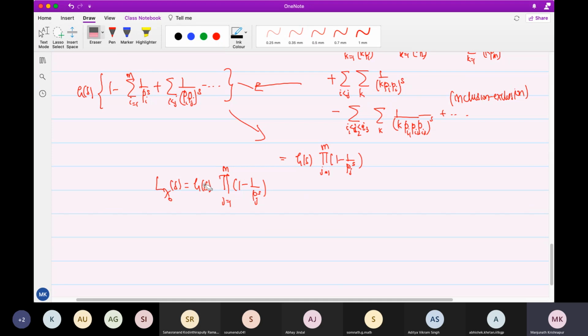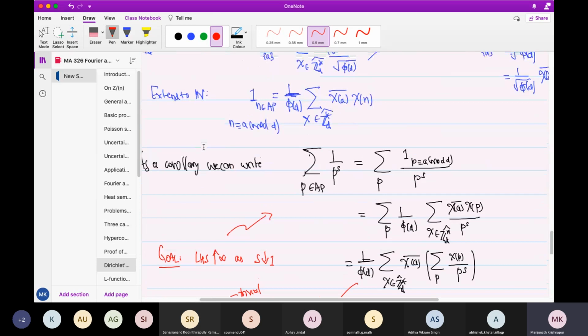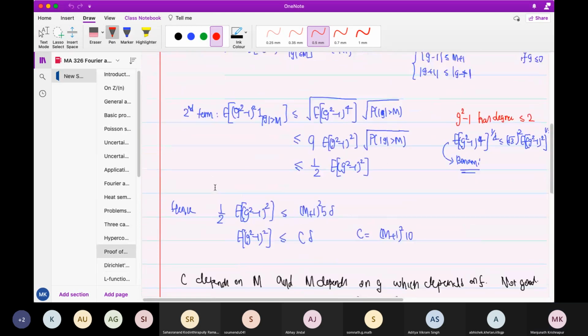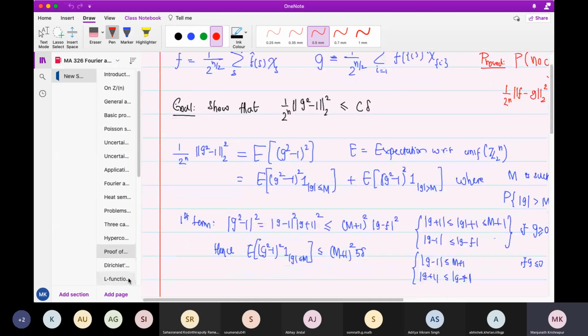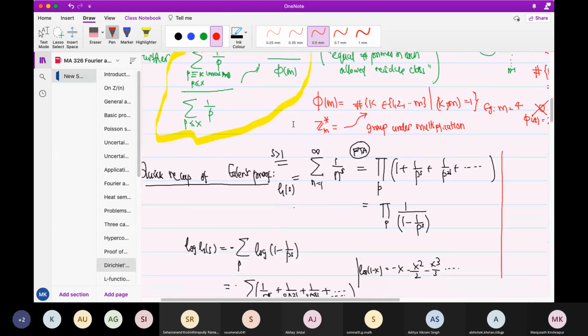Next, what I am going to go into is the product formulas. But here is already one small hint. If you accept that zeta has the Euler product formula, zeta of s is the product over p of 1 over 1 minus 1 over p to the s.